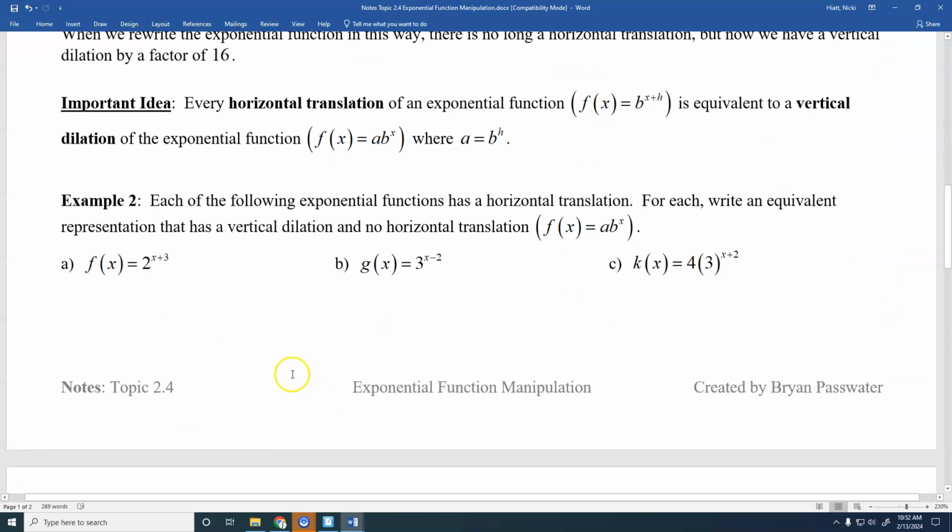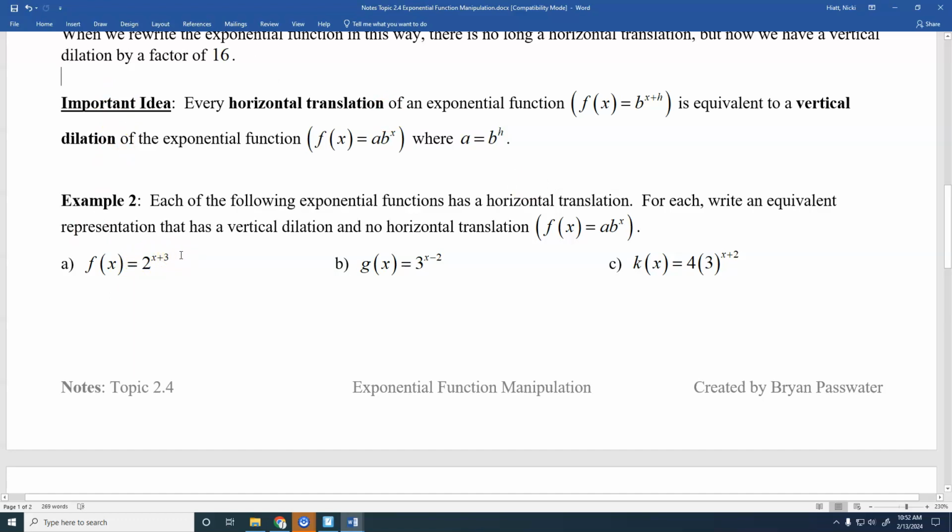One of the things we're going to do here, it says for each of the following exponential functions, write the horizontal translation, and for each write an equivalent representation that has a vertical dilation and no horizontal translation. For this, we've got 2 to the x plus 3.